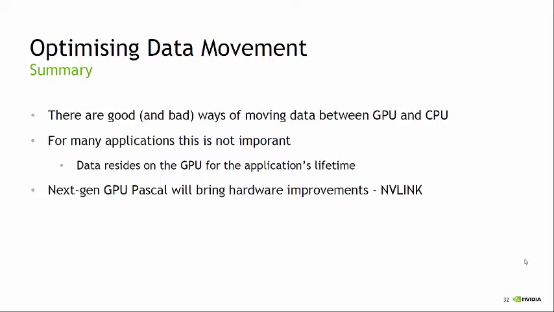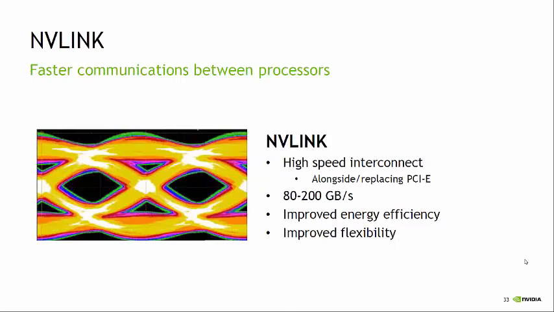Next generation GPU. While I've said that for many applications it's not important, it is important for some applications. This is one of the reasons the next generation GPU is going to bring some hardware improvements in copying memory. This is called NVLink, and this is a much faster way of transferring memory to and from the GPU and between GPUs. It's a high-speed interconnect to either go alongside or replace PCIe.